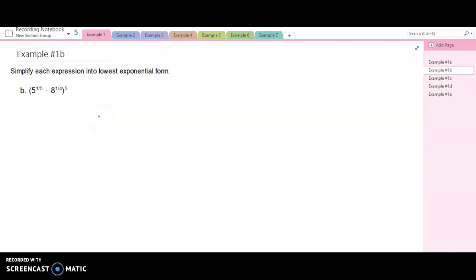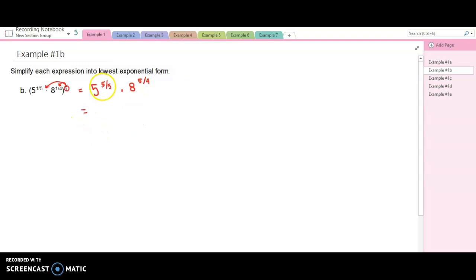When we have parentheses and an exponent outside, remember this exponent is applied to both of the terms inside the parentheses. And once again, you would multiply these. So this would be 5 to the 1/5 times 5, which is 5/5, times 8 to the 1/4 times 5, which is 5/4.